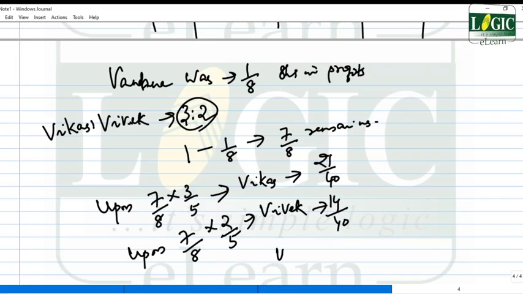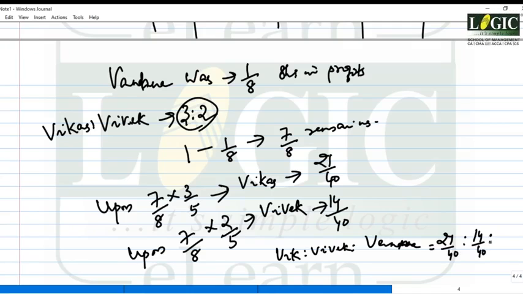So what is the ratio between Vikas, Vivek and Vandana? The ratio will be 21 by 40 to 14 by 40 to this fellow 1 by 8. Now the ratio will be, if LCM is 40, 21 to 14 to 5.